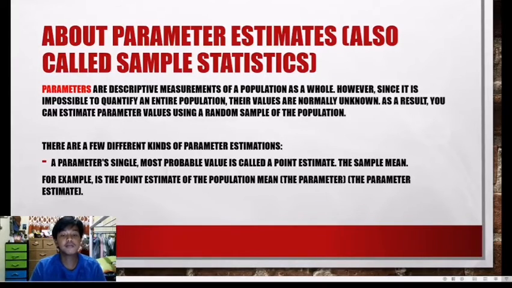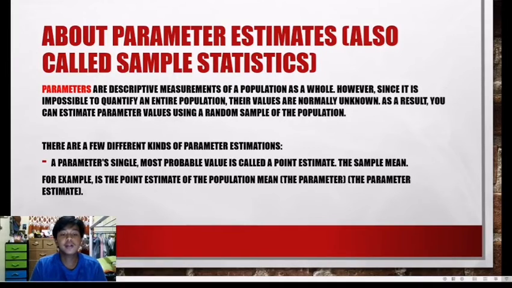About parameter estimates, also called sample statistics: parameters are descriptive measurements of a population as a whole. However, since it is impossible to quantify an entire population, their values are normally unknown. As a result, you can estimate parameter values using a random sample of the population.